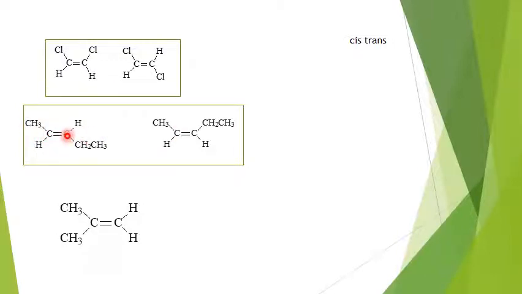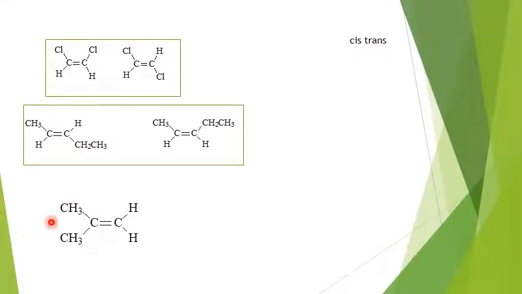But notice that if you draw a line through here, the CH3 and this guy are on the opposite side, and over here they're on the same side. So these are not the same structure, and we have to name one cis and one trans. This is the cis version because these are on the same side, and these are trans.